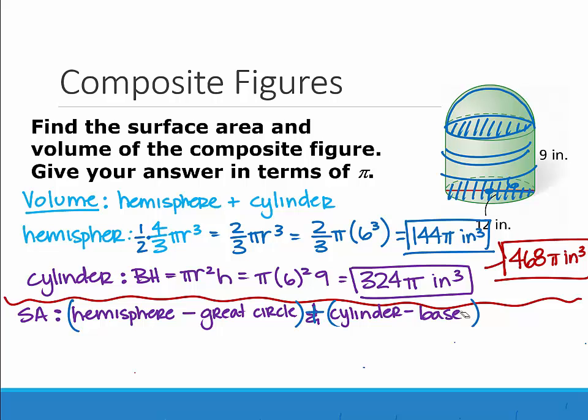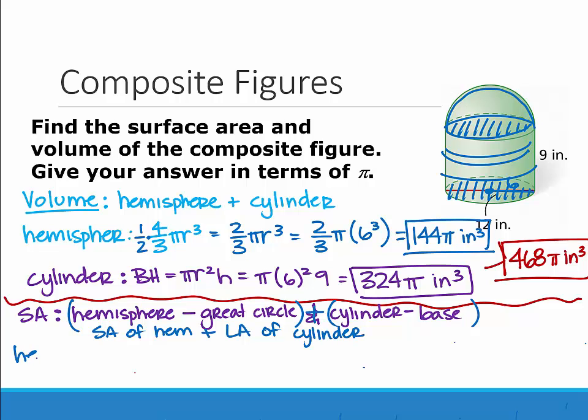So what I'm going to do is find the surface area of my hemisphere, and then find the lateral area of the cylinder. So surface area of hemisphere plus lateral area of cylinder.